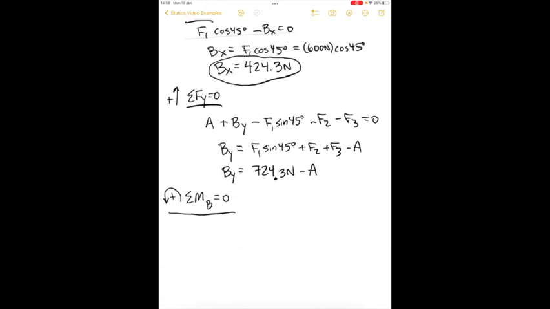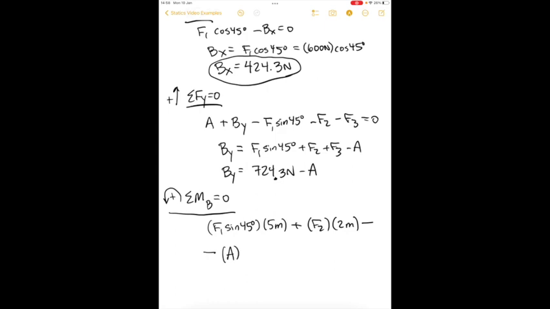So there are two positive moments from F1 and its distance away, which is 5 meters, and F2 with its perpendicular distance away, which is 2 meters. And then we want to subtract away the negative moment.